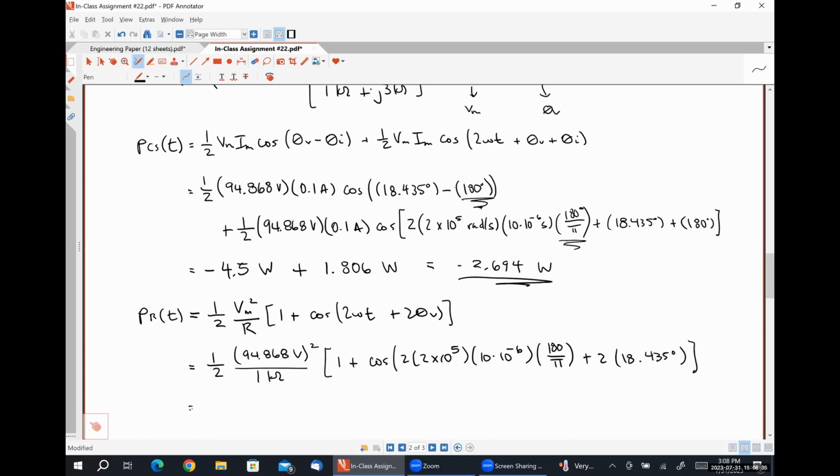Again, I'm going to have 1 plus cosine 2 times 10 to the 5, 10 times 10 to the minus 6, 180 over pi plus 2 times 18.435.